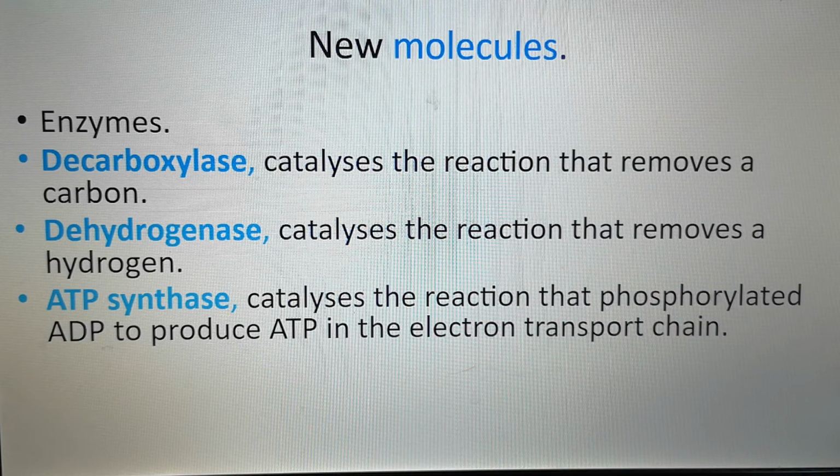So decarboxylase catalyses a reaction that decarboxylates, or removes carbon. Dehydrogenase is an enzyme that catalyzes a reaction that removes hydrogen, dehydrogenates. And ATP synthase is an enzyme that catalyzes the synthesis of ATP.